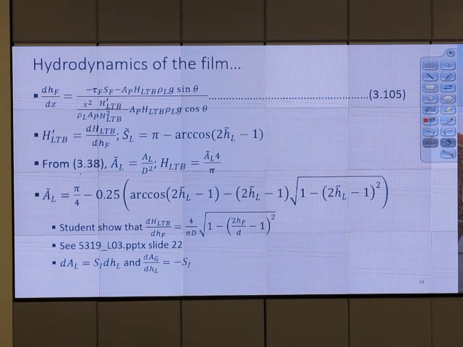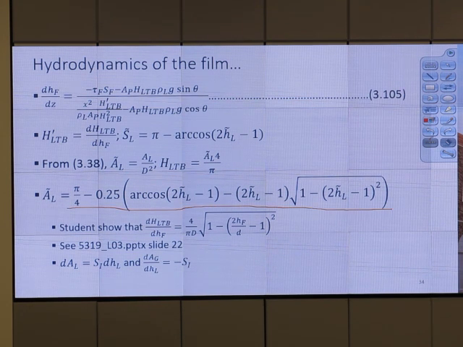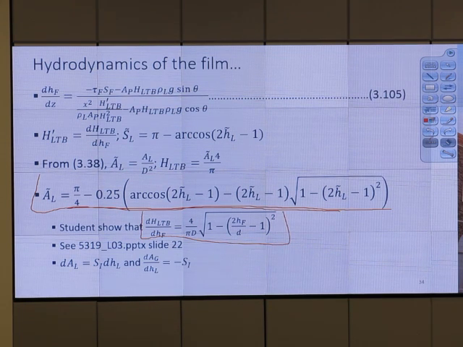I skipped 2 slides and I show you over here. You see this? dH_RTB by dH_F. H_RTB is A_L over A_P. A_L is that, A_P is A_P. And the student has to start from this equation and show that dH by dH_F is that.